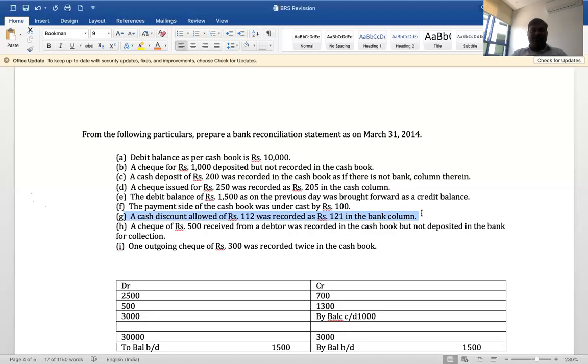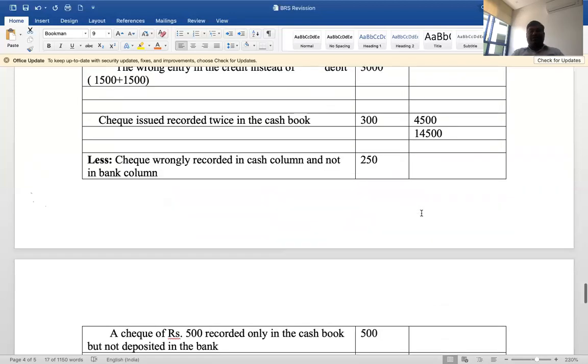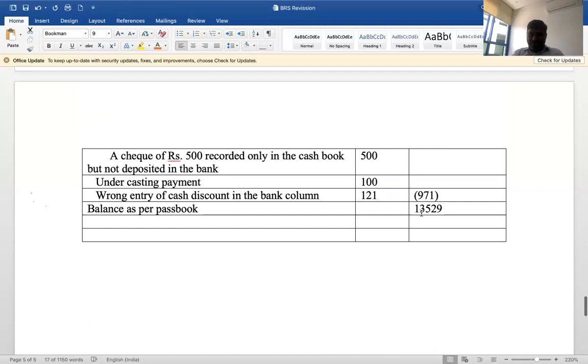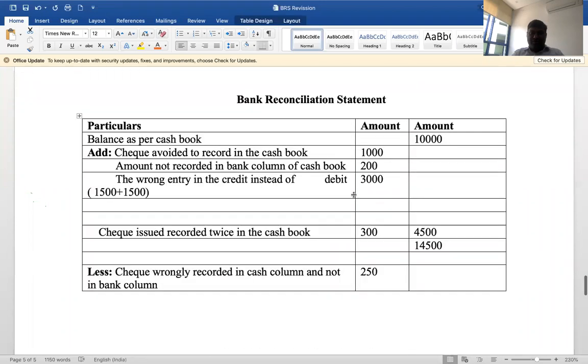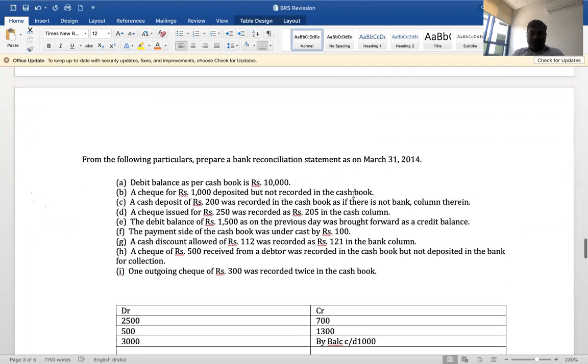So we should record only 112, right, sir? How much is recorded in the bank column? That only is important for you, and the rest is ignored. So 121 will be taken. Look at this once again: a cash discount allowed.